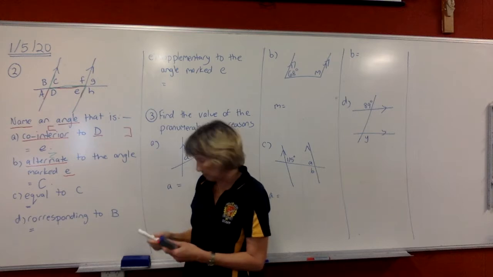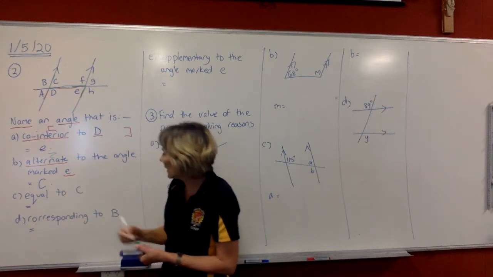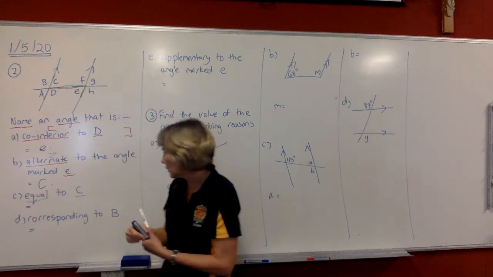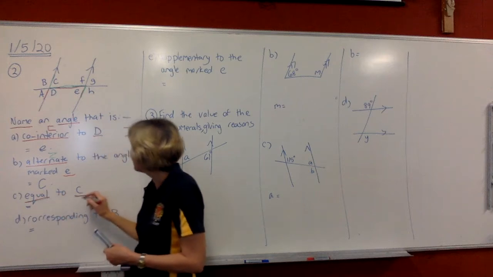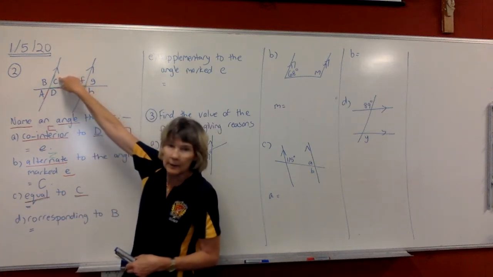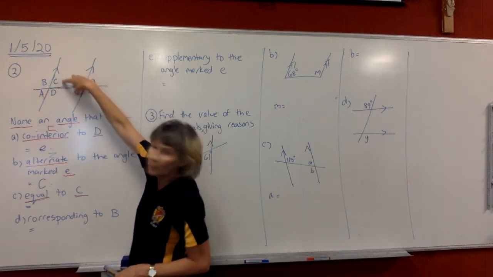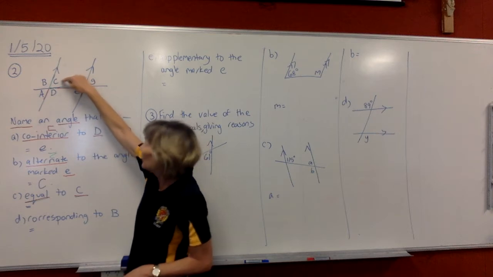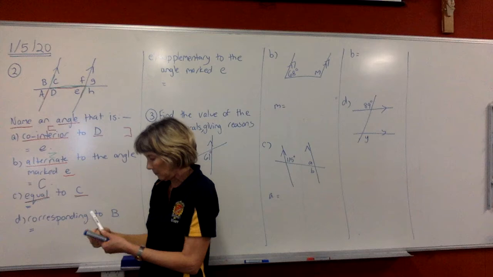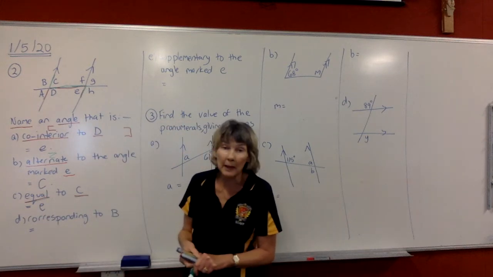All right, the next one. So we're going to find what's equal to angle C. Sorry, I'll just underline that in red so we stay the same. Equal to angle C. So here's angle C. Well, we just did alternate angles a minute ago to form this Z shape, and we know that they're equal in parallel lines. So equal to angle C would be E. That would be an answer, little e. There's probably other ones as well.